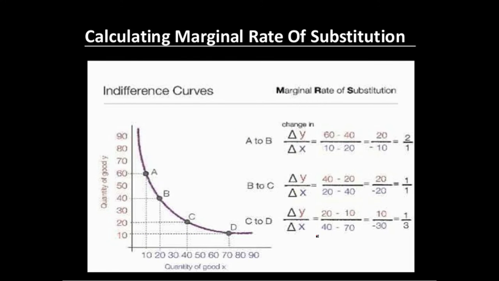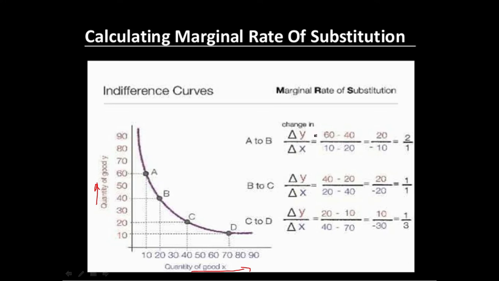Now, calculating the marginal rate of substitution. How are we going to calculate it? Suppose the quantity of good Y is given on the Y axis and the quantity of good X on the X axis. So what are the conditions? When we move from A to B, Y was 60 at point A and at point B it is 40.